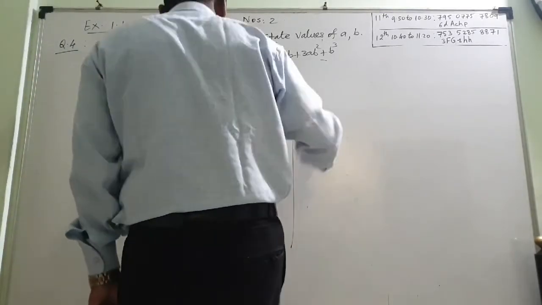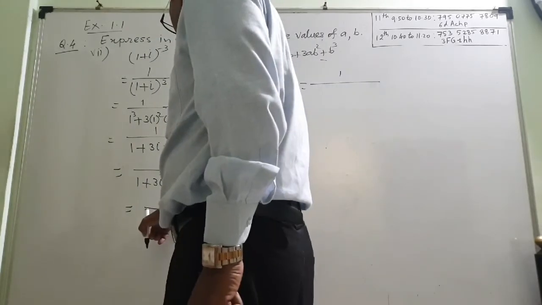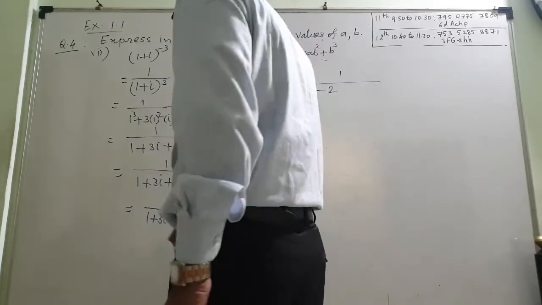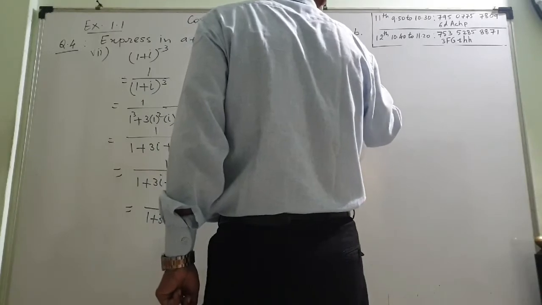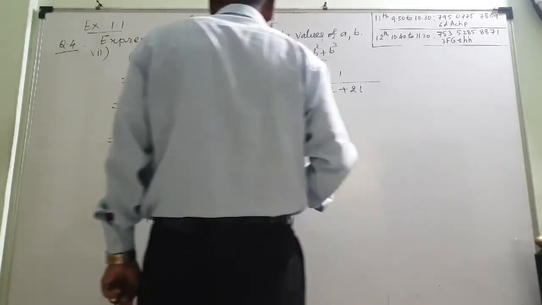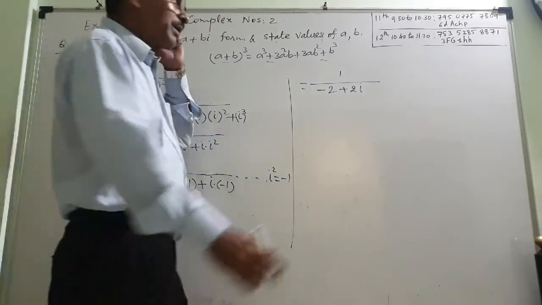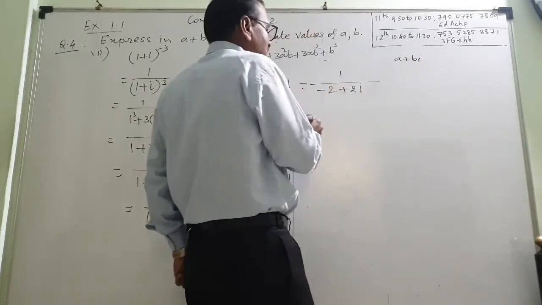That is equal to 1 upon plus 1 minus 3 minus 2, plus 3i minus i, that is plus 2i. Now I have to write in the form of a plus bi, but this is in the denominator.